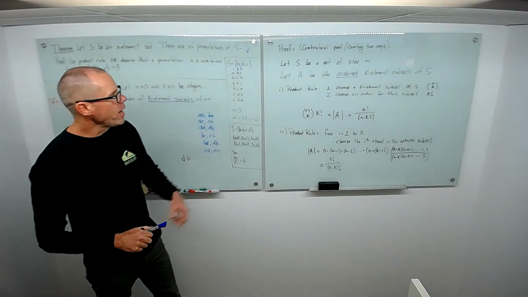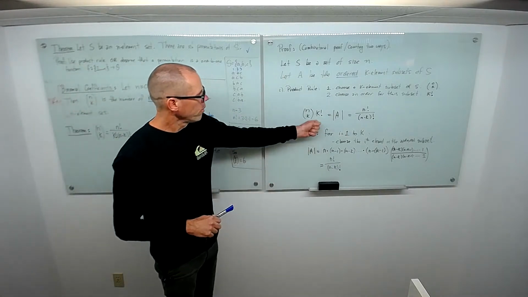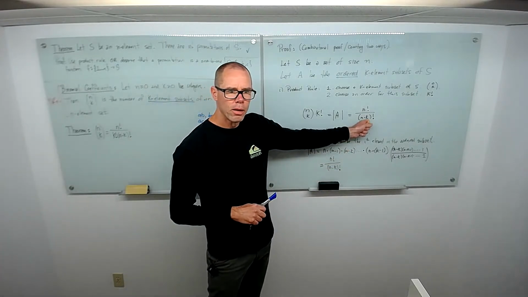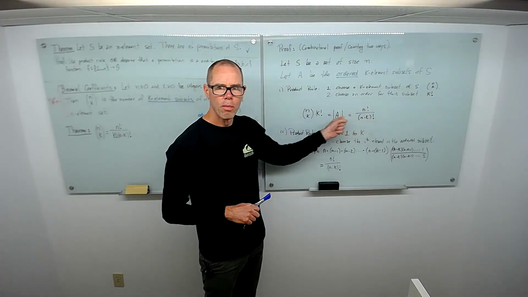So we defined the set A, we counted it, we got this formula, we counted it again, we got this formula. So these two things must be equal.